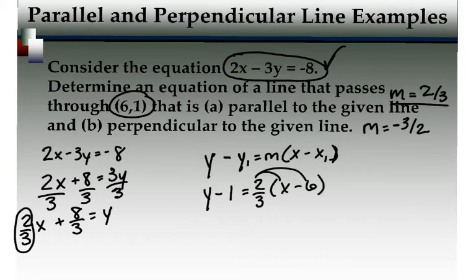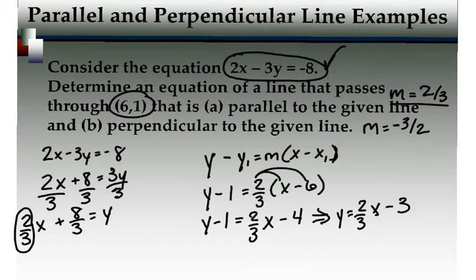So distribute. Now we need to completely solve for y, so add 1 to both sides, and we get that. So this line is parallel to the other one, and it goes through the point 6, 1.